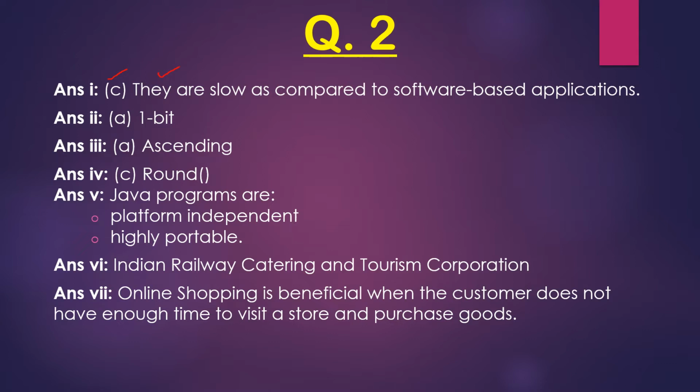Because, in my opinion, it makes your answer copy more presentable, and the answer is clearly visible to the teacher that this student knows the correct answer. So, to make my presentation more effective, I have added the option number as well as the option. You can also do the same, or you can write the option number only.